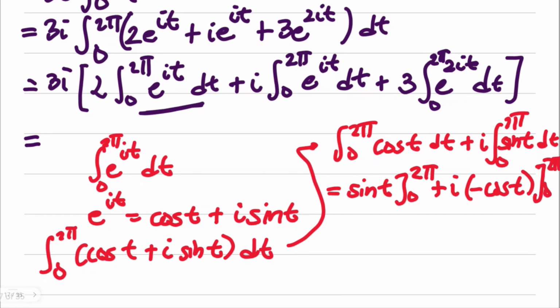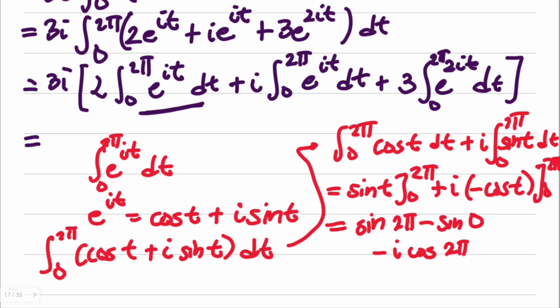Because if we're going to apply that, you have here sine of 2 pi minus sine 0. You have here minus i, as you try to multiply that, cosine of 2 pi. So since you're subtracting, how do we do this?